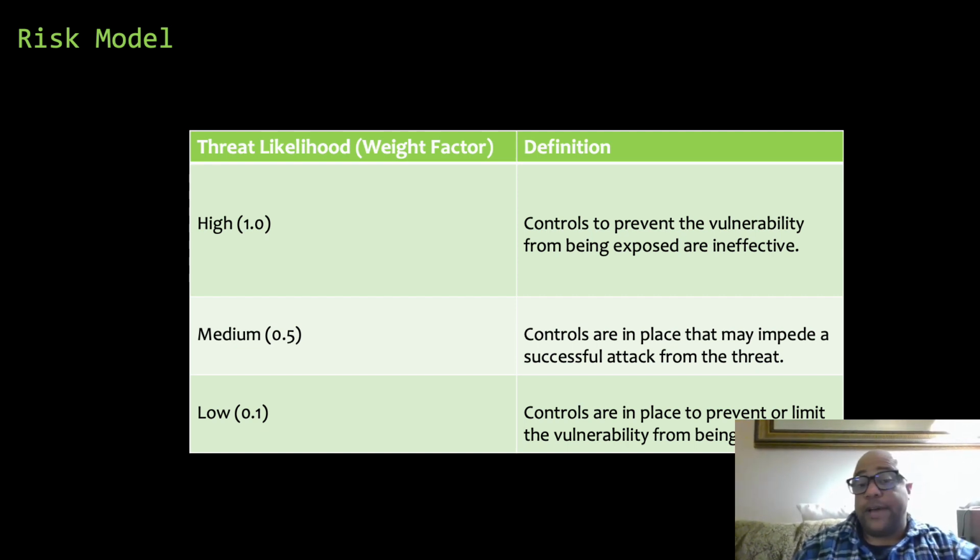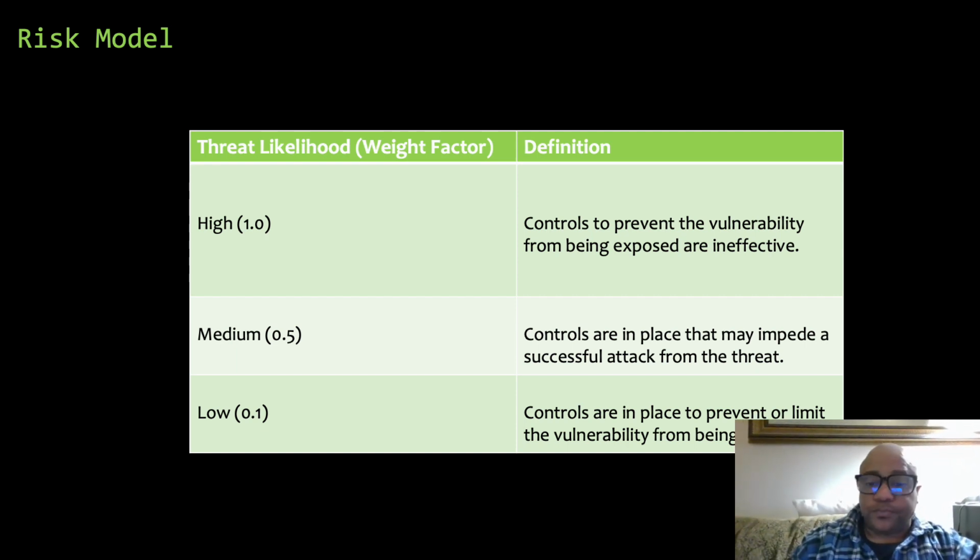And so the definition of a low impact would be all of the controls are in place to either prevent or limit the vulnerability from being effective. So it's a low impact to the systems and a low likelihood that this incident will be a major business disruption.